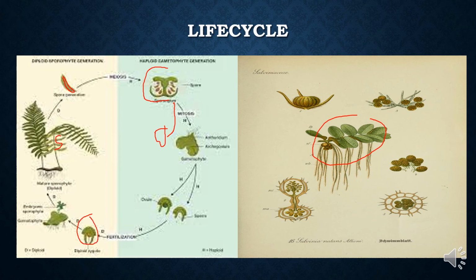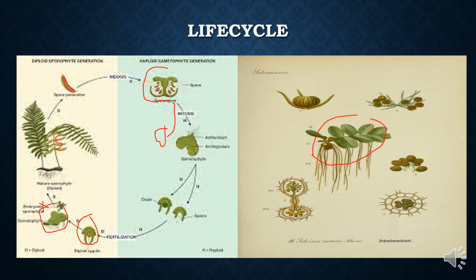This zygote again gives rise to the sporophytic plant body. The protonema stage is not found in Salvinia, but however the entire alternation of diploid and haploid generations is more or less the same.